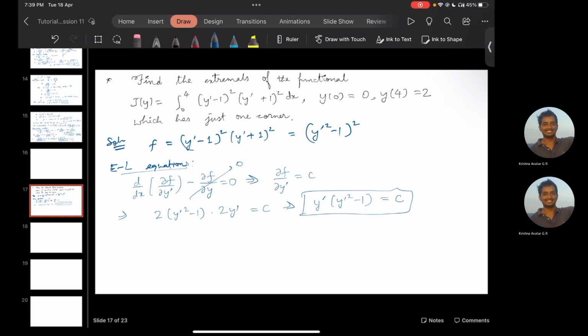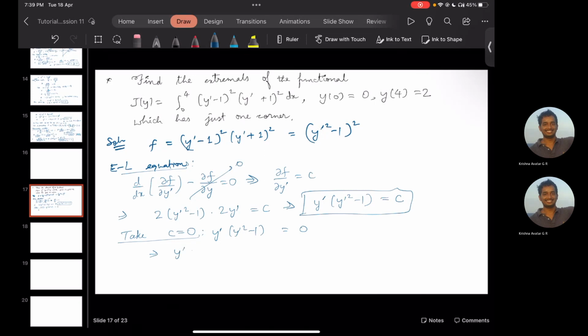And what we need to do here is, let's take for our simple case, let's take C is equal to 0 at first. So then what we have is y prime into y prime squared minus 1 is equal to 0.